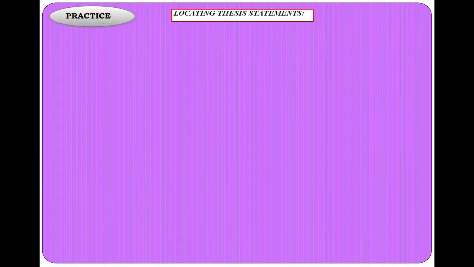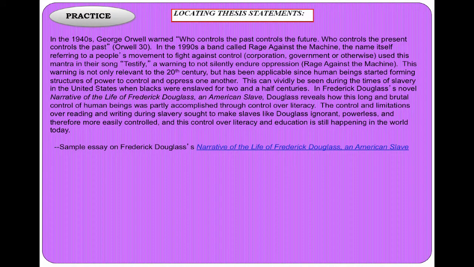Pause here and do the practice. In the 1940s, George Orwell warned, "Who controls the past controls the future. Who controls the present controls the past." Orwell, page 30. In the 1990s, a band called Rage Against the Machine, the name itself referring to a people's movement to fight against control, corporation, government, or otherwise, used this mantra in their song Testify, a warning to not silently endure oppression, Rage Against the Machine. This warning is not only relevant to the 20th century, but has been applicable since human beings started forming structures of power to control and oppress one another.